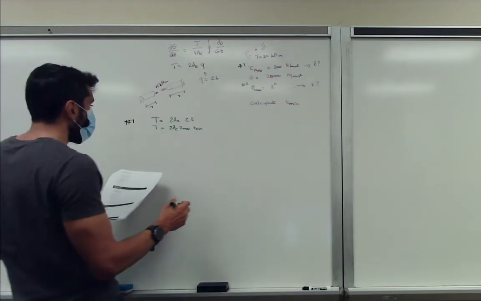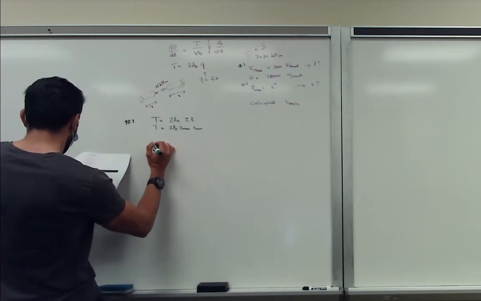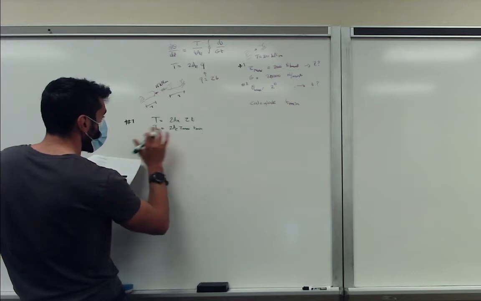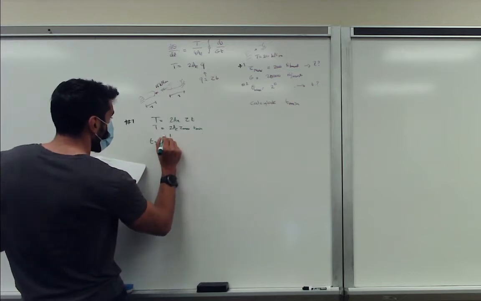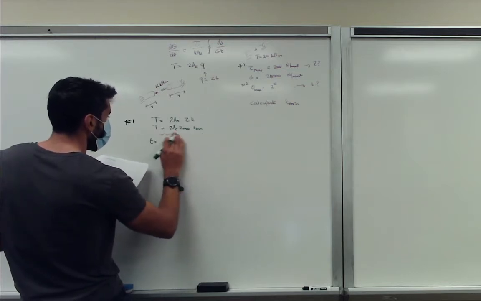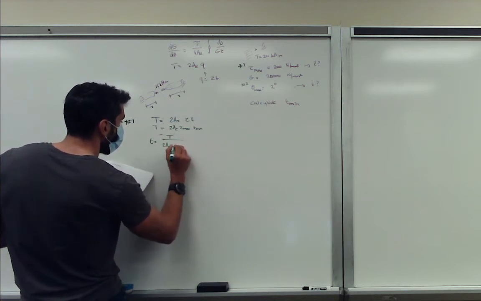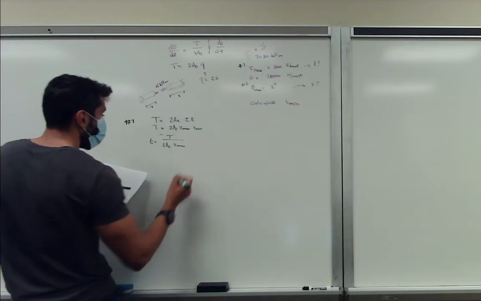And for that we get t is equal to torsion over 2 times the enclosed area times tau max.